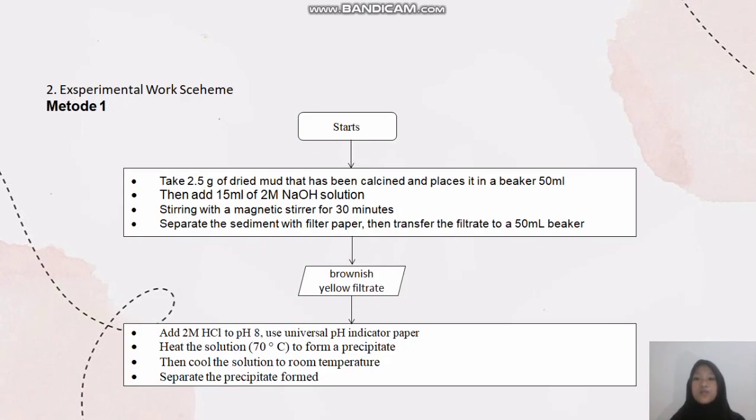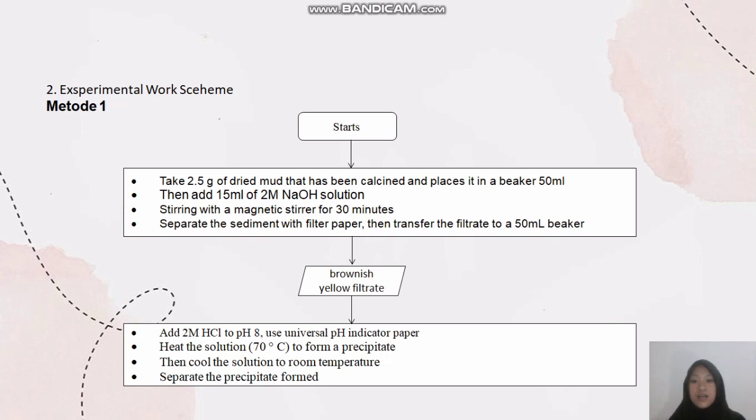Experimental procedure. Method 1. Start. 2.5 grams of dried mud that has been calcined is placed in a beaker. Add 15 ml of 2 M NaOH solution.